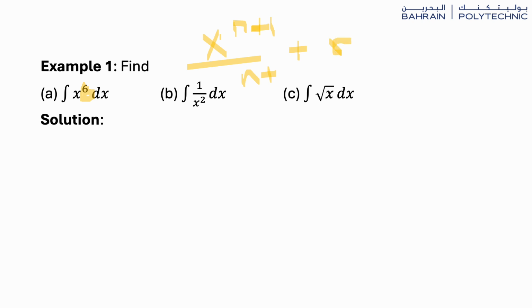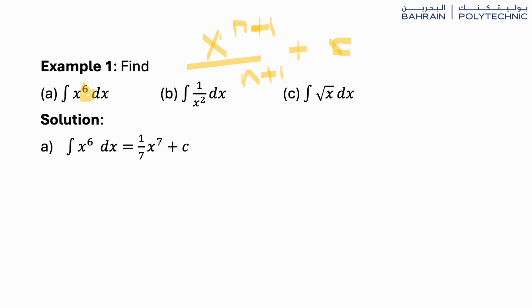According to this, here we have the power 6, so x to the power 6 plus 1 will be 7, so x to the power 7 over 7 plus c. So we get it, x to the power 7, and we have to divide over 7 as well, plus c, applying the rules that we discussed.